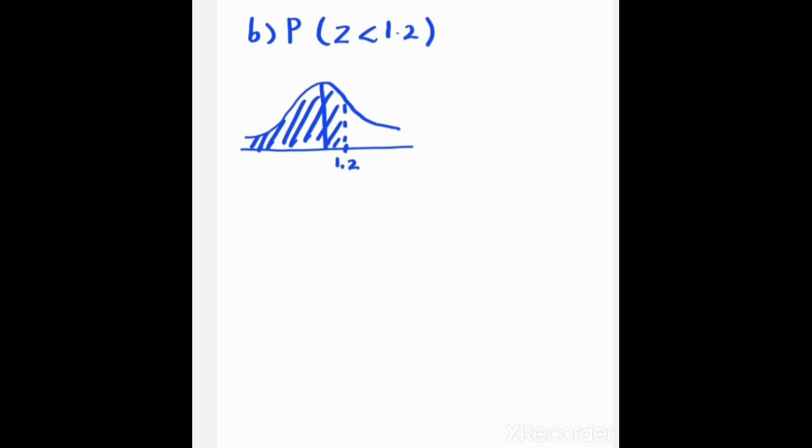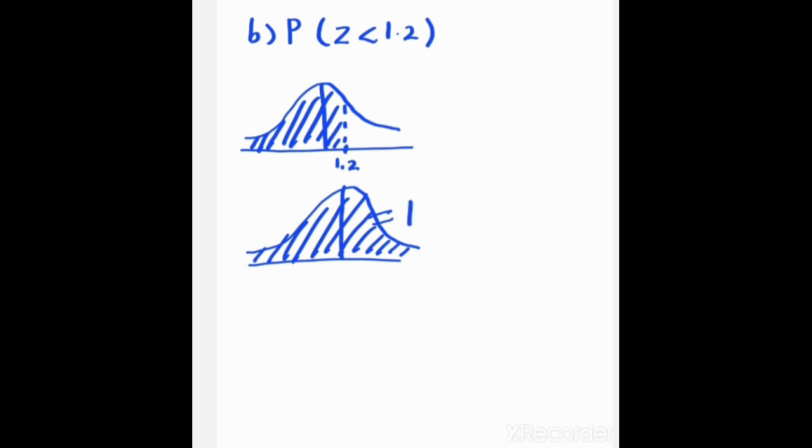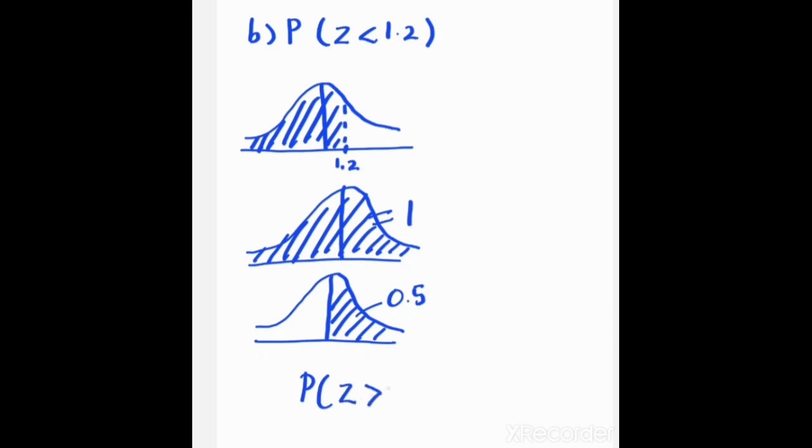If we sketch the whole area, it equals 1, and if we shade only half, it means 0.5. That's why when you read the table for P(Z greater than 0), you get 0.5.